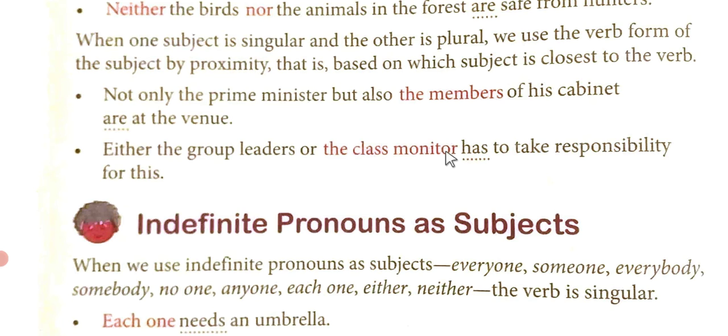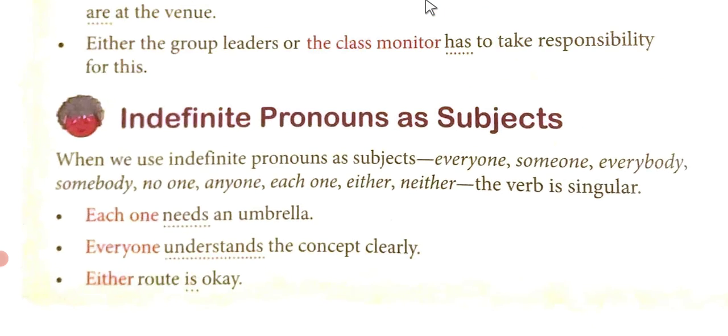The verb used here is singular, because the subject closest to the verb "has" is the class monitor, and priority is given to that subject. So the class monitor is singular, and the verb used here is singular.